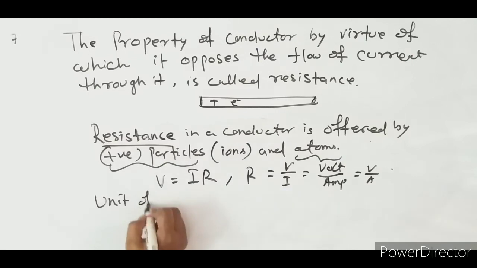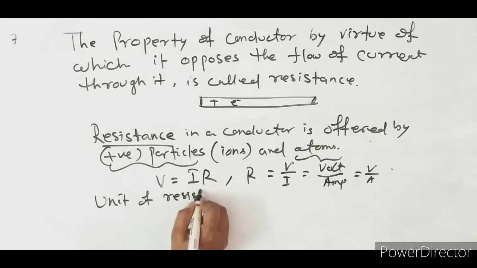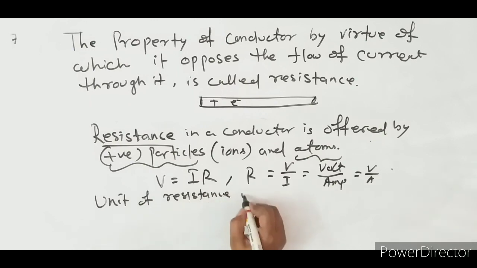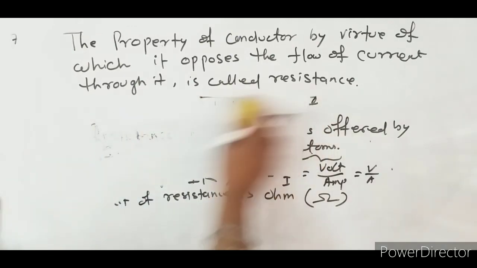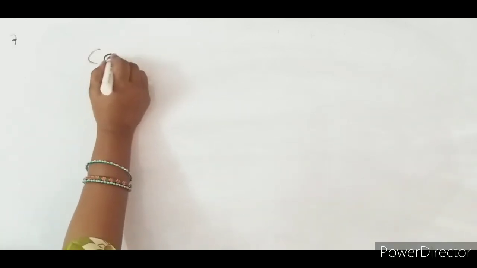The unit of resistance is ohm, and its symbolic representation will be like this. Clear? If we are discussing resistance, let us go for conductance also, then we will go for factors affecting resistance. So what will be conductance?